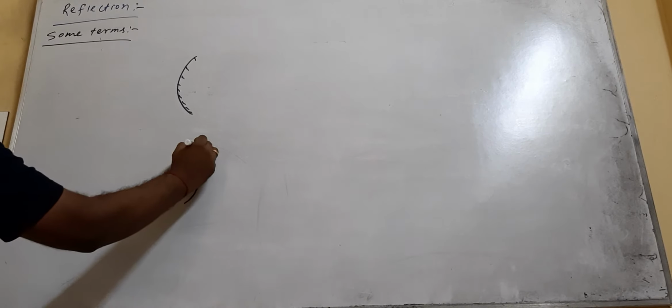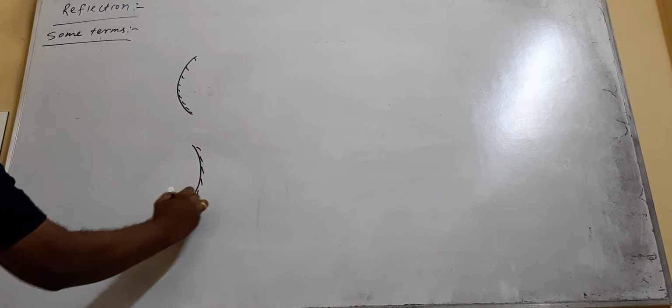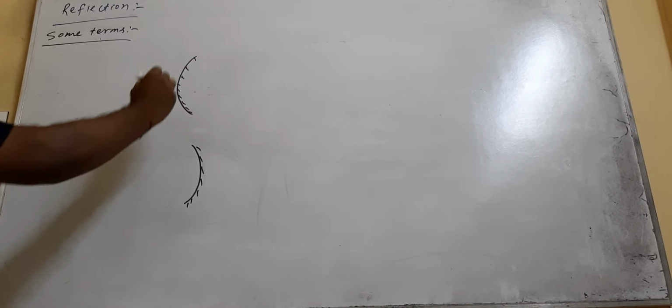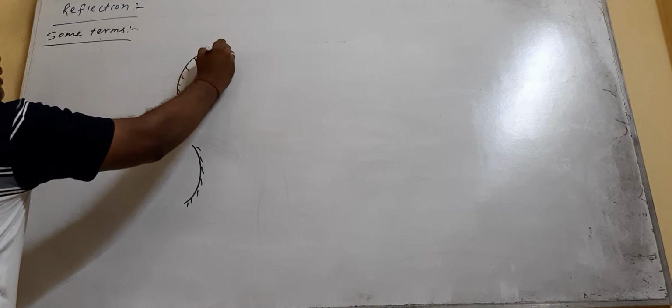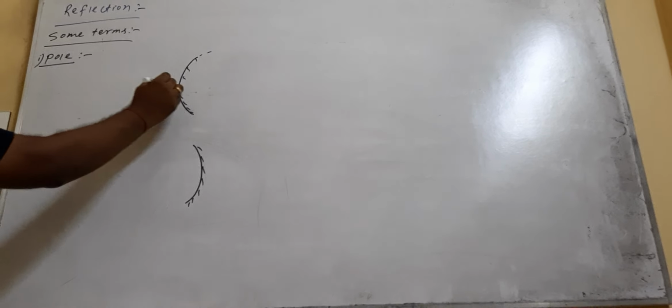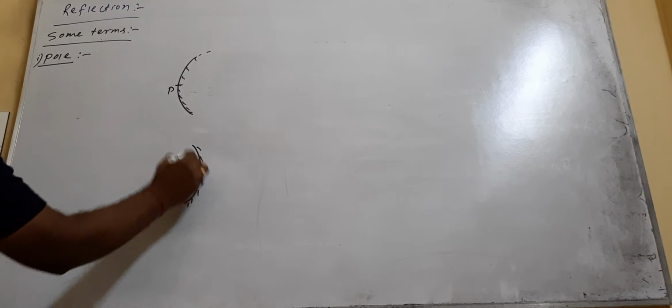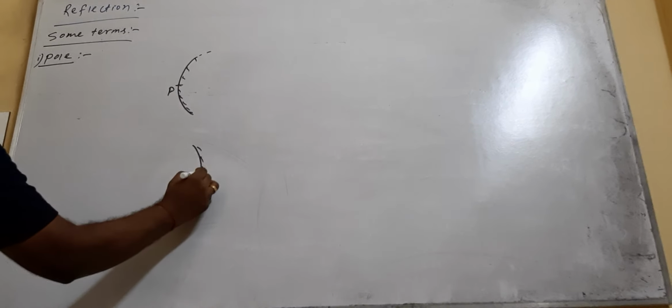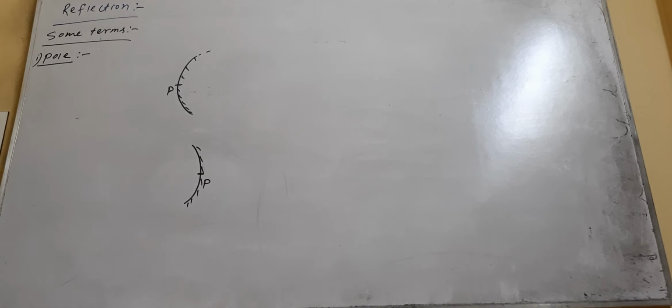It is concave. First is your pole. What is the pole of a mirror? You remember the middle point is called the pole of the mirror.